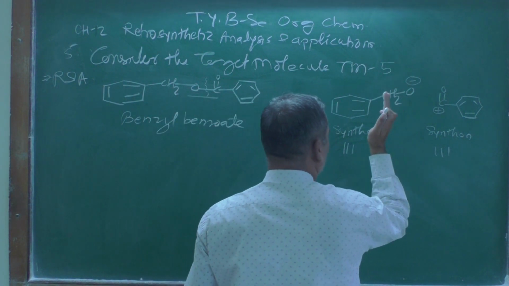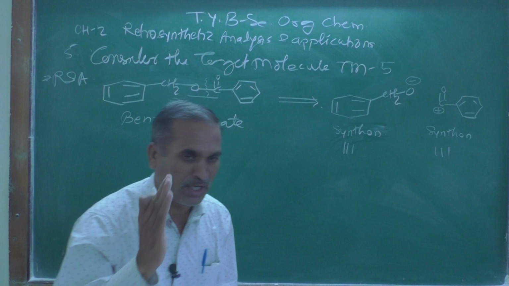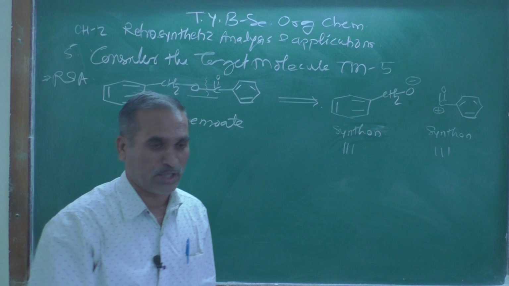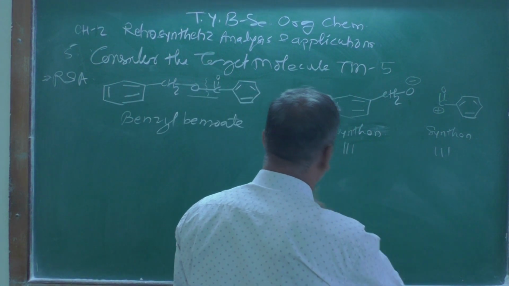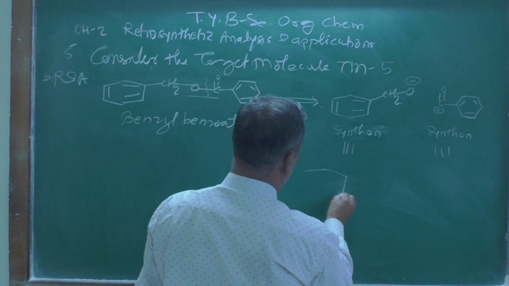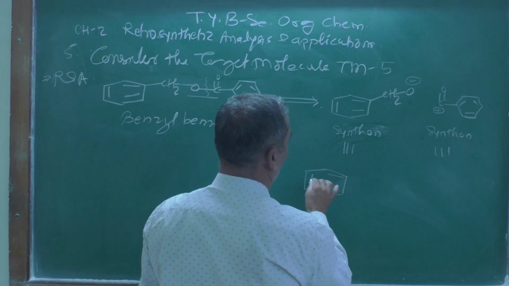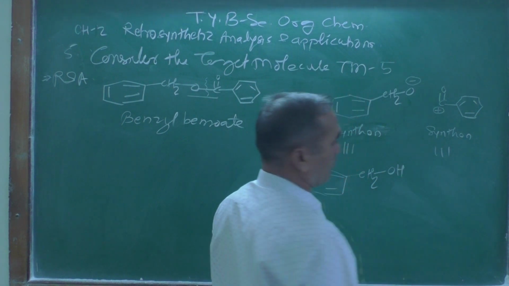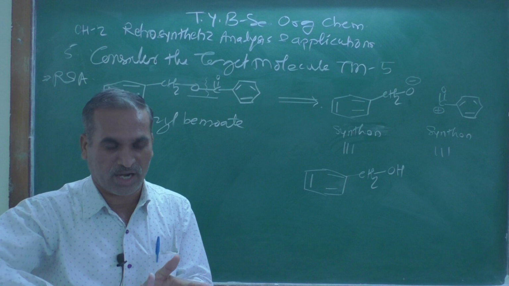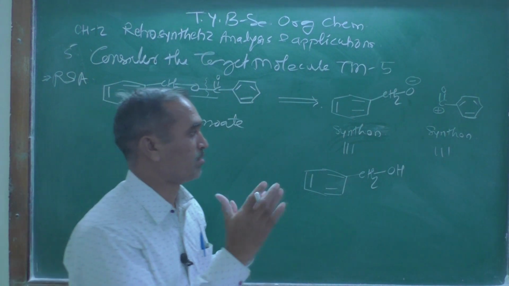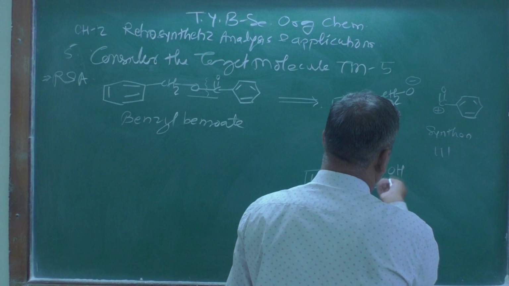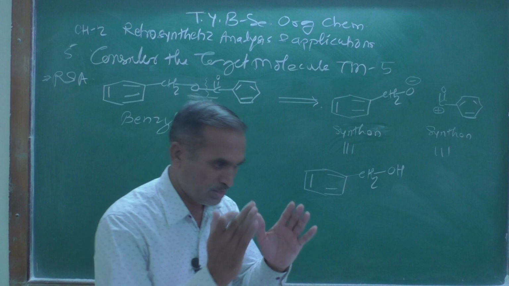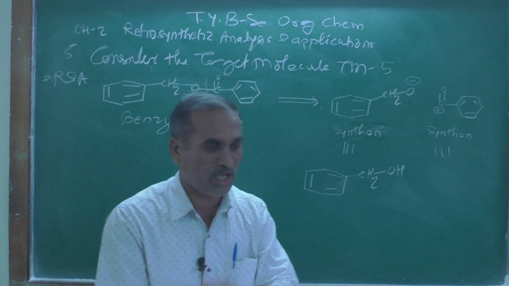Now I must keep that oxygen negatively charged, so I must bring an electropositive atom or element. What should I bring over here? Since you are seeing it for the first time, I am joining a hydrogen atom, so that the negative charge of that oxygen atom is maintained as it is.